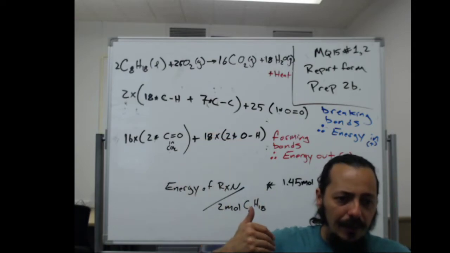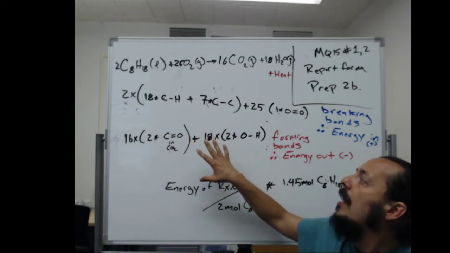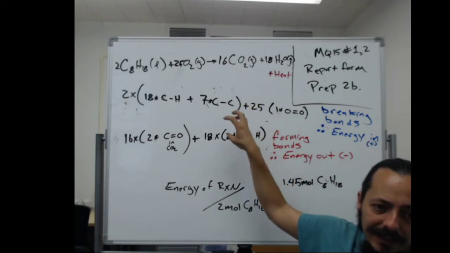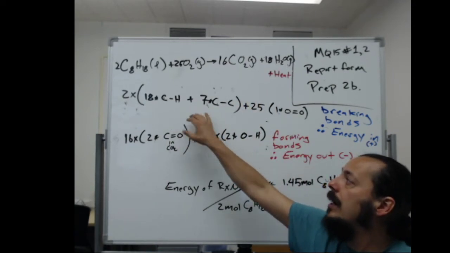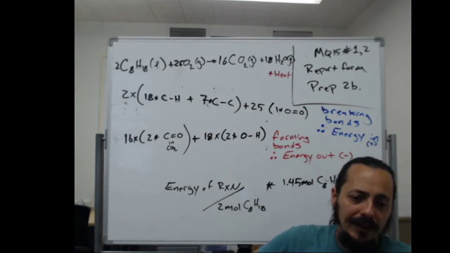So we should be able to follow the same process. I find it really helpful when I'm doing these problems to draw the Lewis structures of the things that I'm doing, and actually count the bonds to make sure I'm getting the right number of bonds. I do that pretty much every time I'm doing one of these calculations.